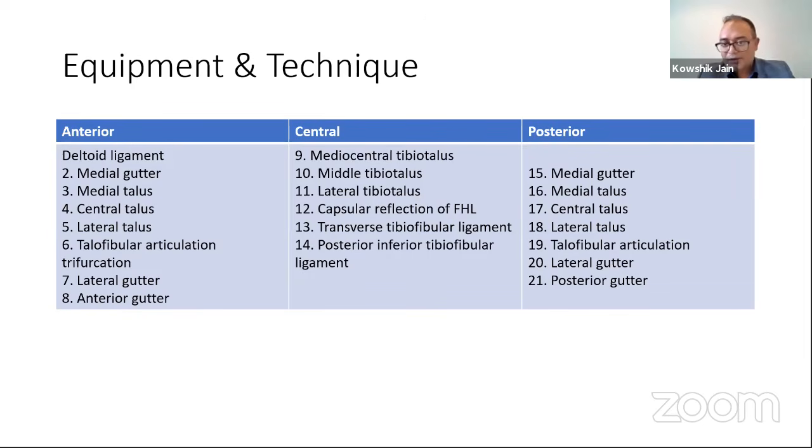In the posterior part, very similarly, you'll see the gutters, the talus, and the talofibular articulation. All put together is your 21 points. When you start off, I think this is a very thorough and detailed way of examining the ankle. So I would recommend that you start off like this, and when you gain experience, you can develop your own methods to make sure nothing is missed.